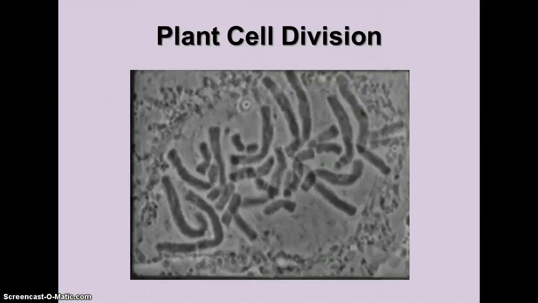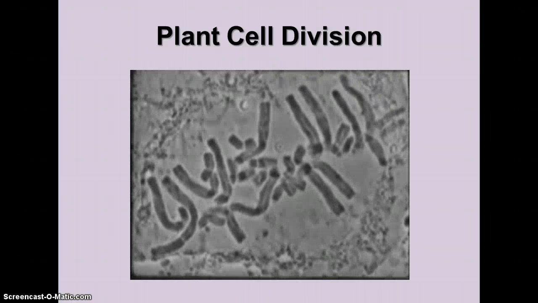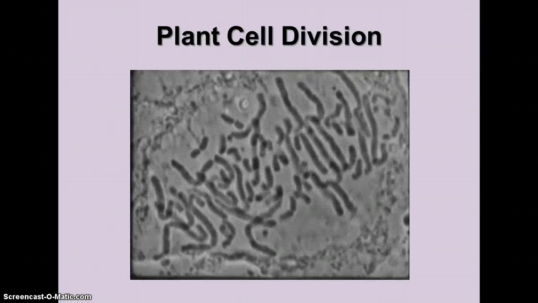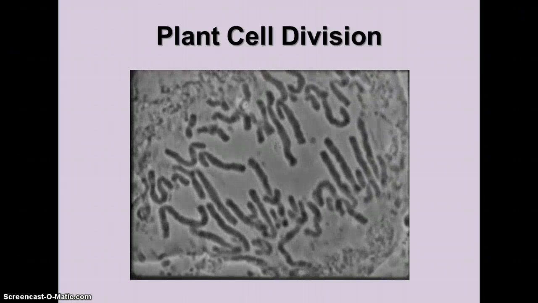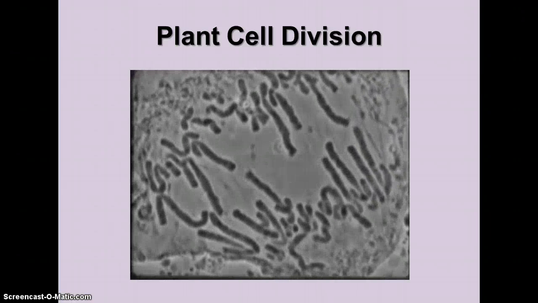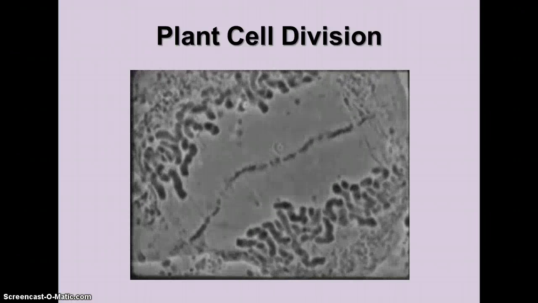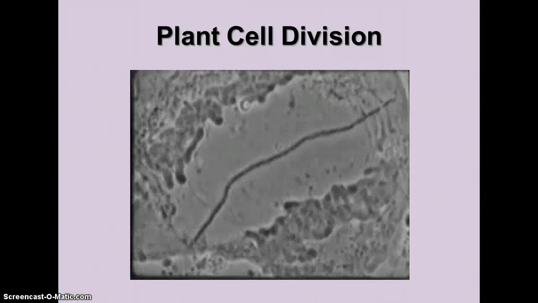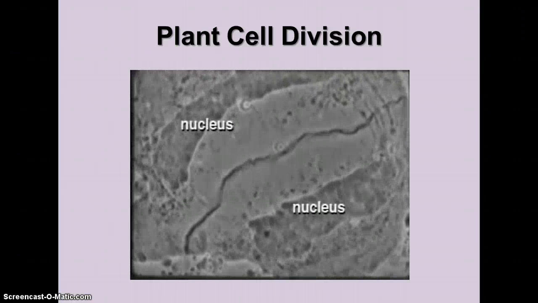At the metaphase to anaphase transition, the sister chromatids of every chromosome pair separate suddenly, in striking synchrony. The chromosomes are pulled along the microtubules of the spindle to opposite ends. After chromosome separation, small vesicles line up in the center of the spindle and fuse with each other to form a new cell wall between the two daughter nuclei. At telophase, the chromosomes decondense in the newly formed nuclei.